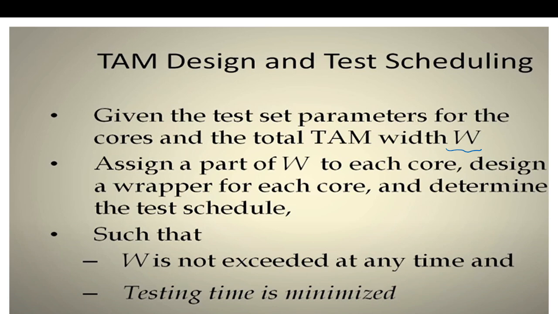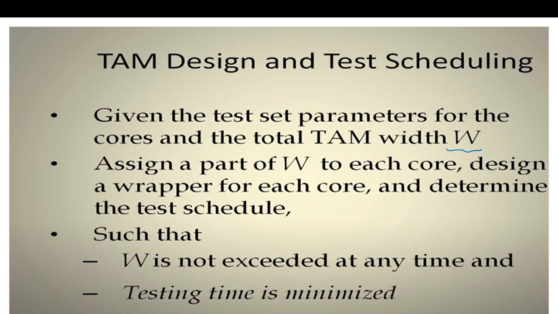Okay. So given we have W width for the TAM, now we want to assign this W width to each core such that there should not be any TAM resource conflict. And for each core there should be a wrapper, so we have to design the wrapper for each core, and then we have to schedule each core.